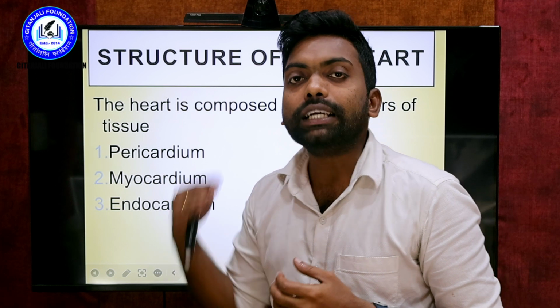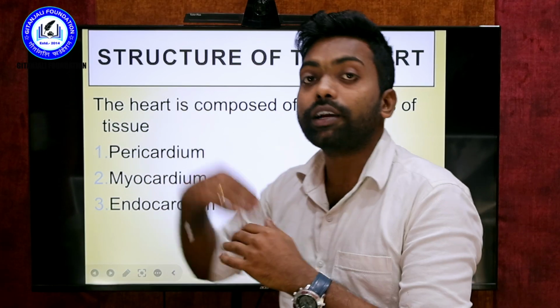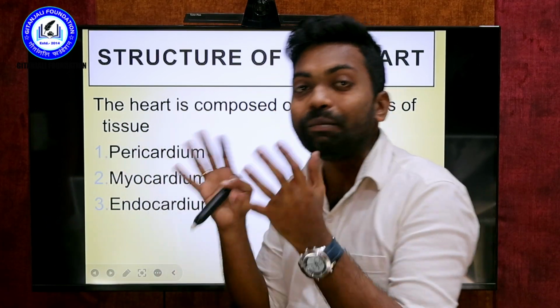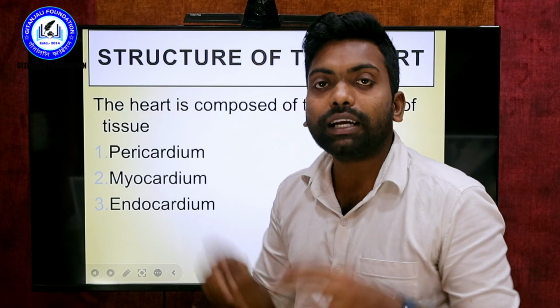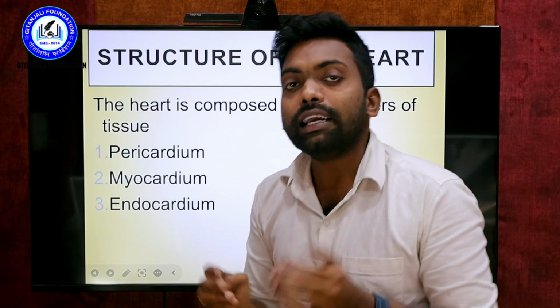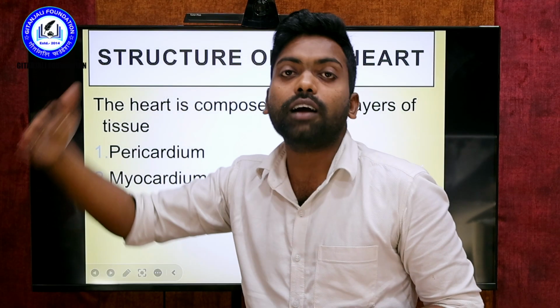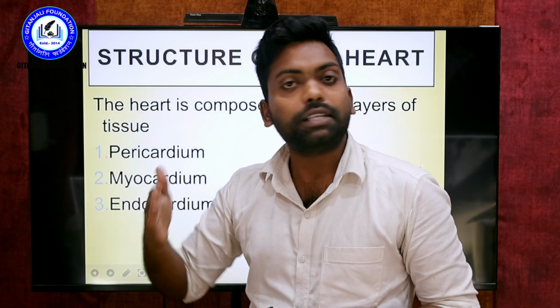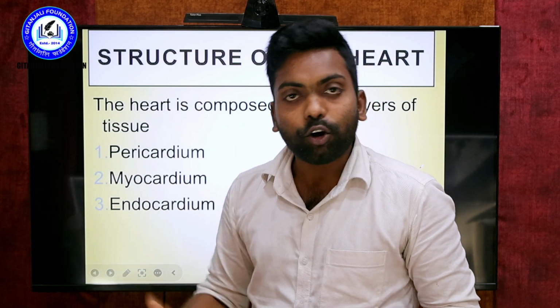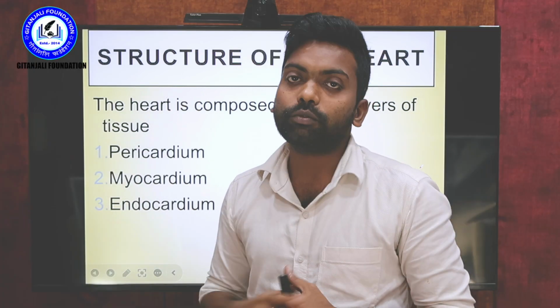So this is our medical terminology. For the heart there are three kinds of layers. Pericardium is the outer layer, myocardium is the middle layer, and endocardium is the inner layer of the heart.